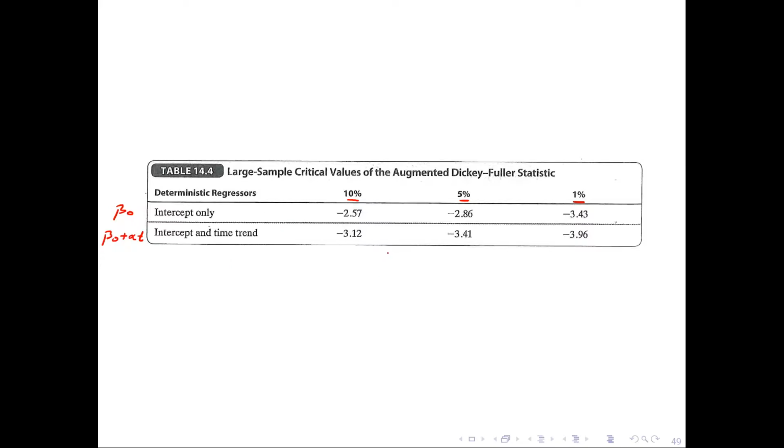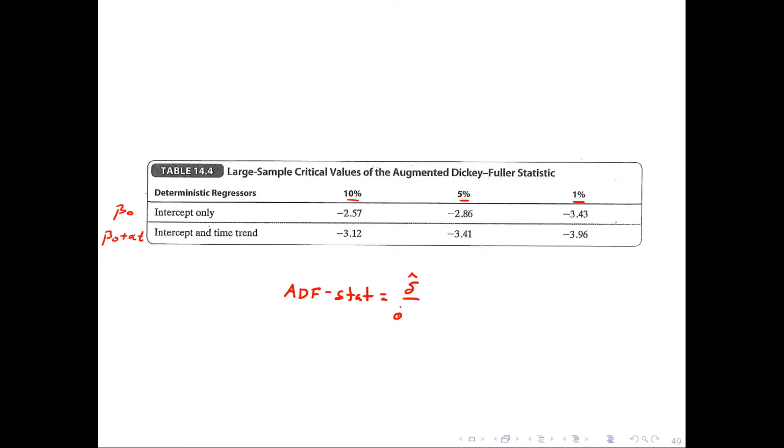So if your ADF statistic is below this value, then you can reject the null hypothesis.